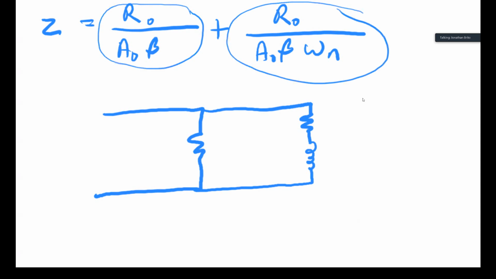Oh, okay. So basically it entails getting rid of the j in the denominator, getting a common denominator, and separating the real and imaginary part, and then simplifying. Those are the general steps by using conjugates.